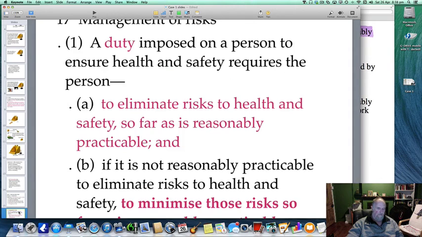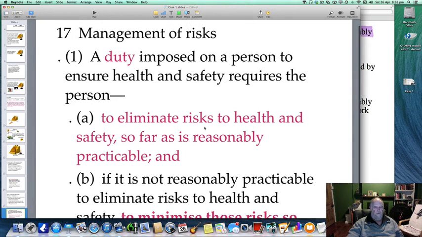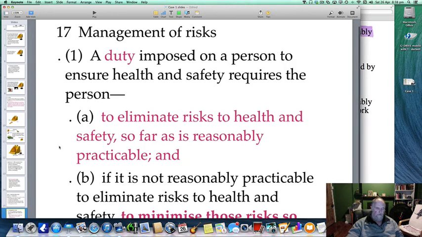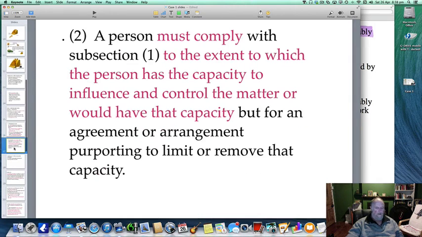The management of risks, and a duty imposed on a person is to eliminate the risk to health. So we've gone through that. We're looking at what the person must comply with, to the extent to which the person has the capacity to influence and control the matter. Well, I'd say that the parties here had no question of the capacity to influence or control the way that the PICs were changed, because they made a choice to buy a bucket which had pin fixings for the PICs.